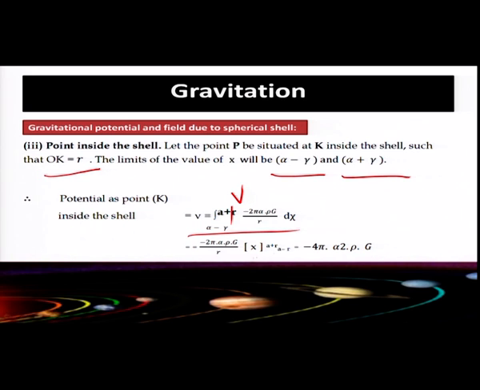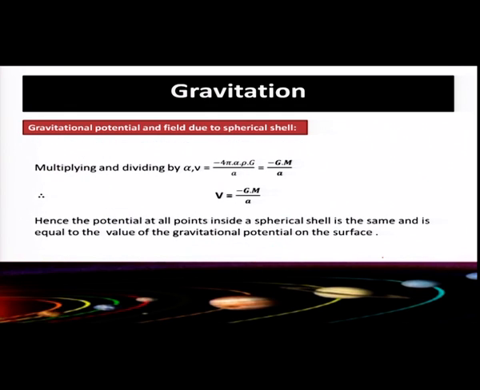When you integrate, you get minus 4 pi alpha rho G, and multiplying and dividing by alpha, we get minus 4 pi alpha squared rho G by a is equal to minus GM by a. Hence, the potential at all the points inside a spherical shell is the same and is equal to the value of the gravitational potential on the surface.